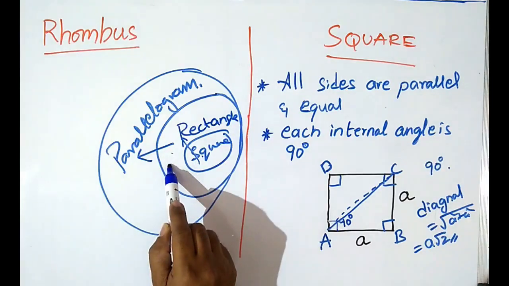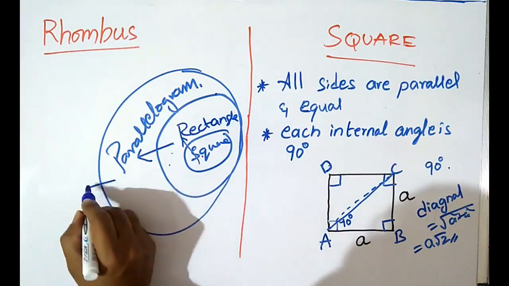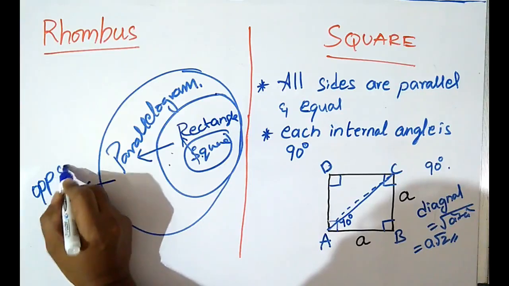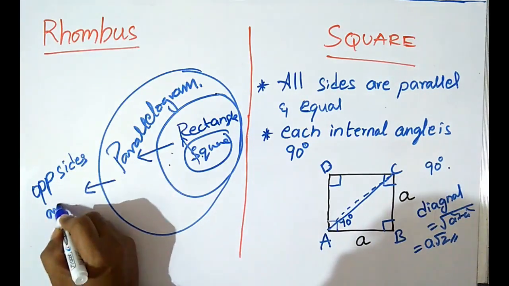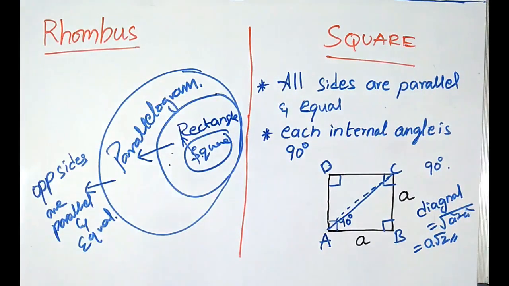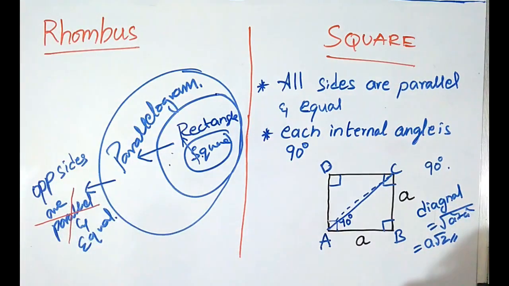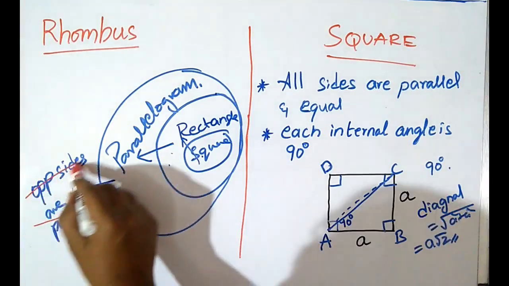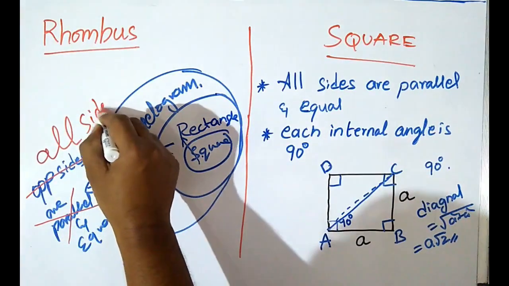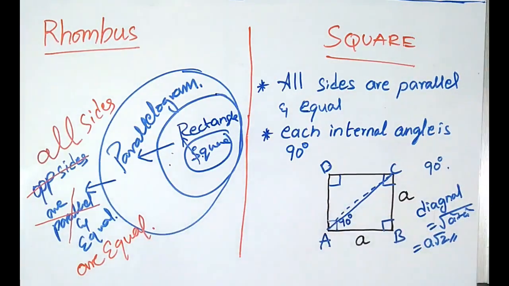satisfies the property of opposite sides are parallel. What is the property of parallelogram? Opposite sides are parallel and equal. Whereas in rhombus, the opposite sides are not parallel, but all sides are equal.